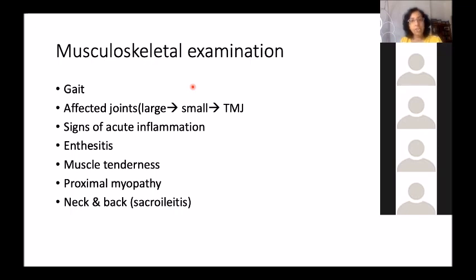So describe each and every affected joint, starting with your large joints. Present the findings of acute inflammation like redness, warmth, tenderness, and the limited range of movement, right? And then describe the small joints in a similar way, right? And examine the TMJs as well.